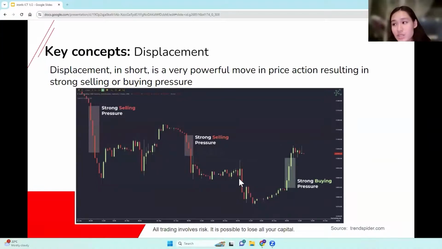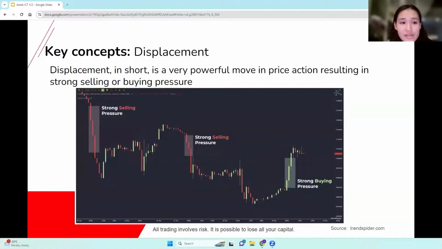You can see price has recently broken out of that level, if you can imagine this horizontal line just over here. It has broken out of it and is reversing off it now, and that is what is resulting in strong buying pressure. That's basically what it means by a liquidity level has been breached.